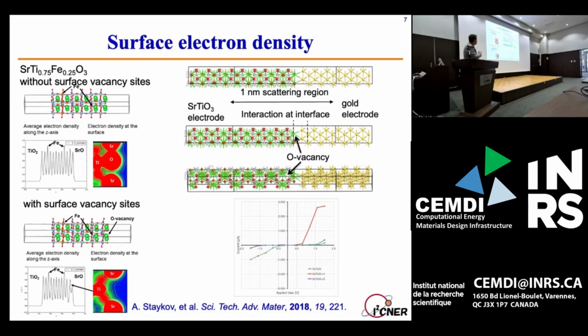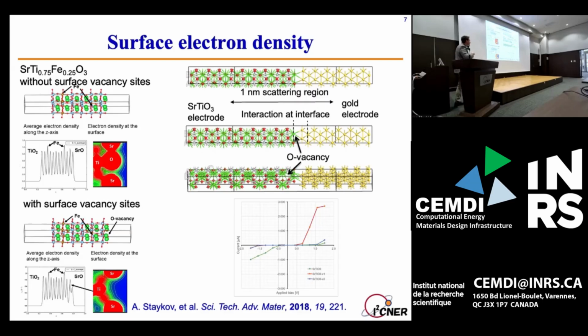So this would be the pristine oxide surface, the oxide surface with a vacancy in the top layer, and the oxide surface with a vacancy in the subsurface layer. In the case of the pristine surface, we will have very low current from the oxide to the gold tip, and it will require very high bias. In the case of a vacancy in the subsurface layer, we will have an IV curve resembling a pretty similar pattern.